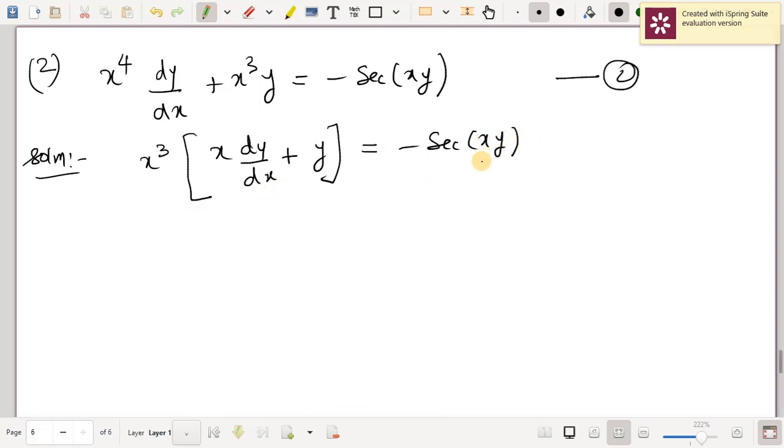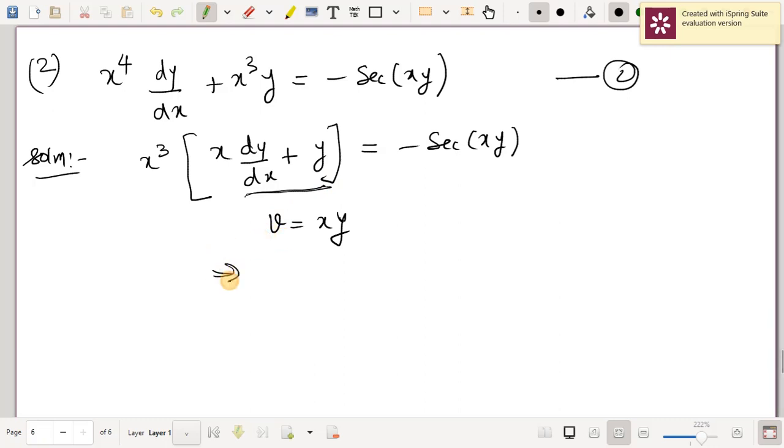Now, if I convert y to the new variable by the substitution v is equal to xy, that means I'm replacing xy by v over here. So the new dependent variable is v, and the independent variable will remain the same, x. If you do this, you will see that this bracket will get replaced simply by dv by dx.